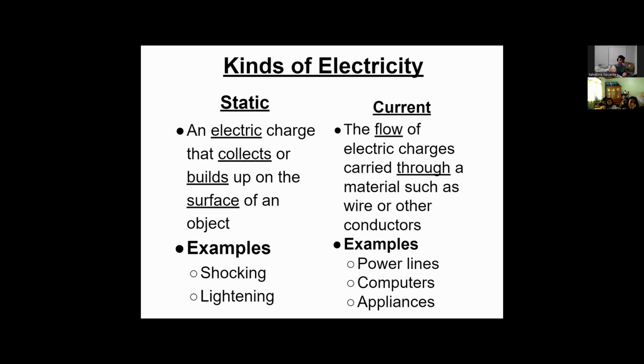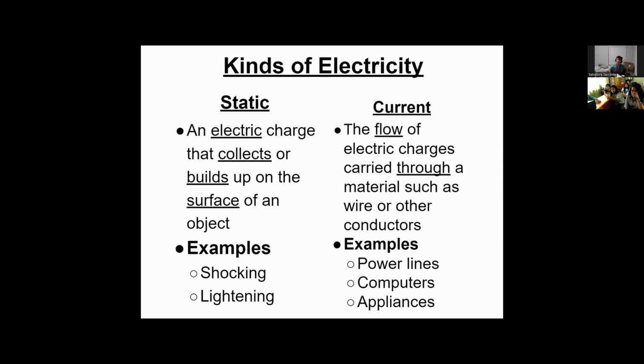So there's the examples on the power lines outside, computers and different appliances in our house, like a stove or a microwave, whatever it may be. Even in our phones, there are electrical currents that stem from a battery or a power source that produce a constant flow of charge, okay?